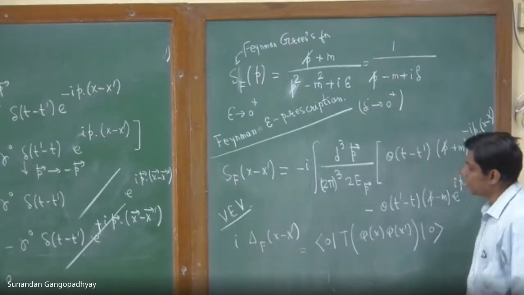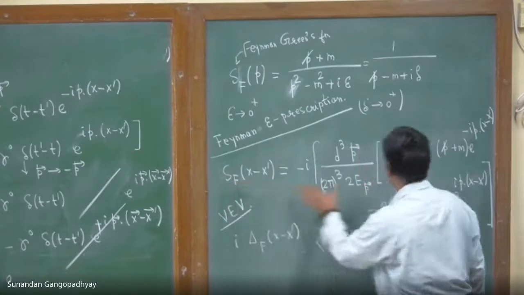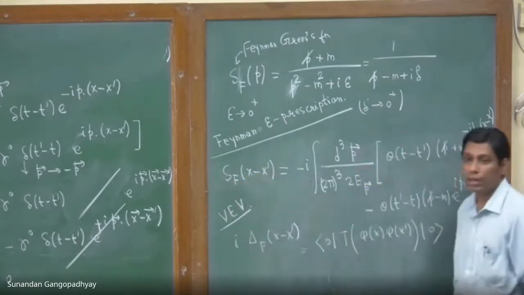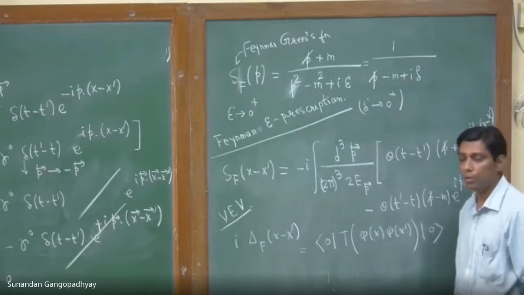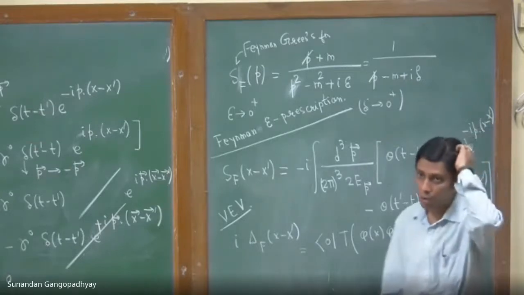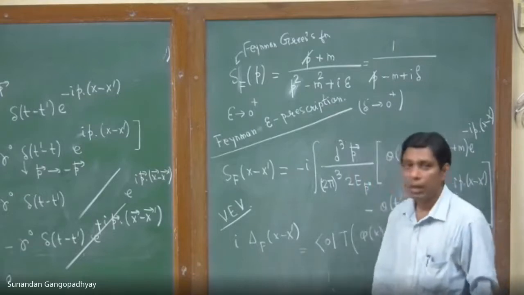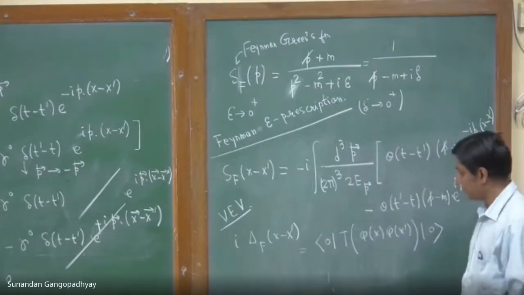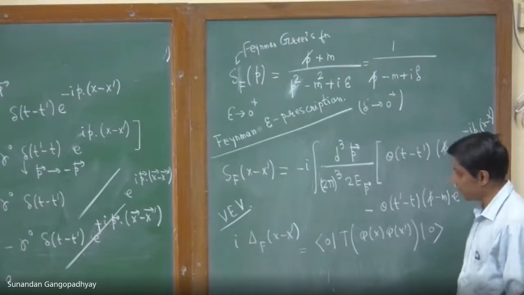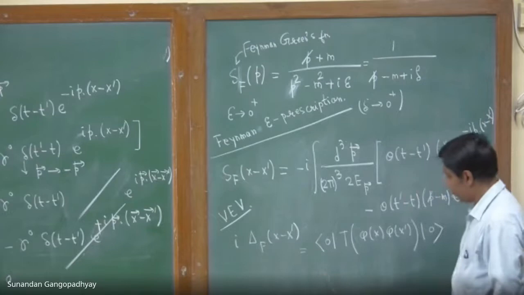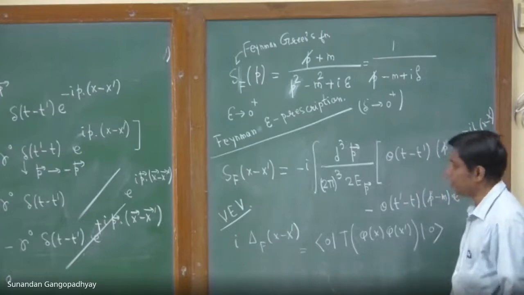And the question is, what is this propagator? Is there an analogous relation for this propagator also in terms of vacuum expectation value of time order product of fermionic fields? So this is the question that we should ask, and you can now basically see what it should be.